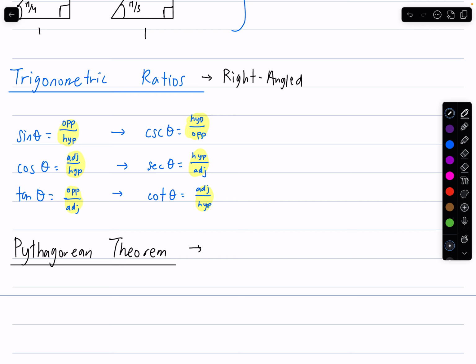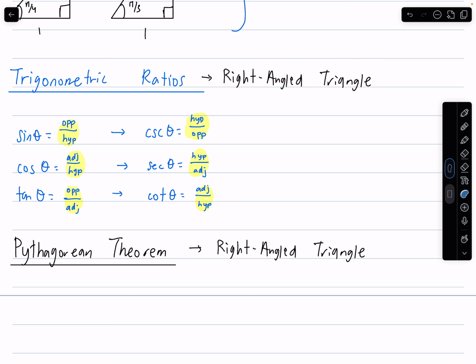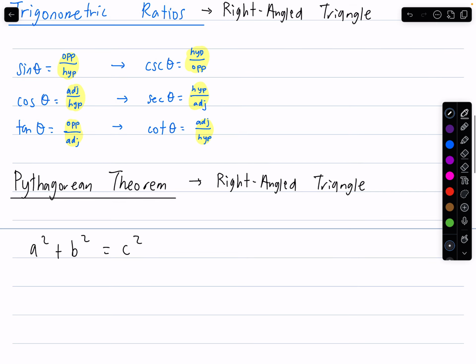If it's a non-right angled triangle, you cannot use these formulas. We know the Pythagorean theorem to be a squared plus b squared equals c squared. But in trigonometry, we're going to know the Pythagorean theorem as x squared plus y squared equals r squared.